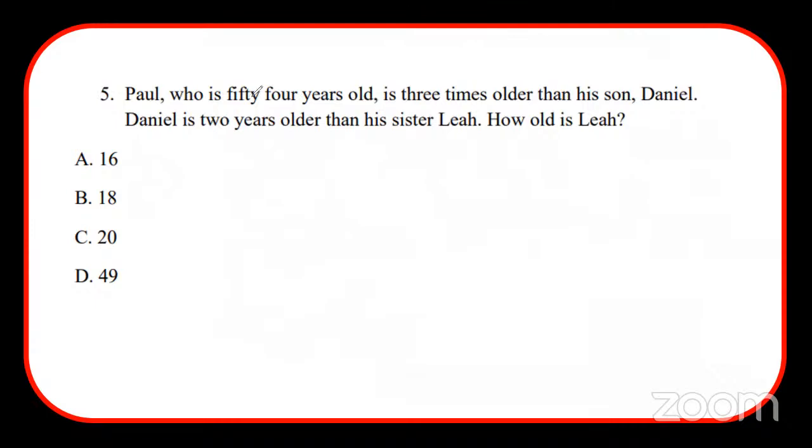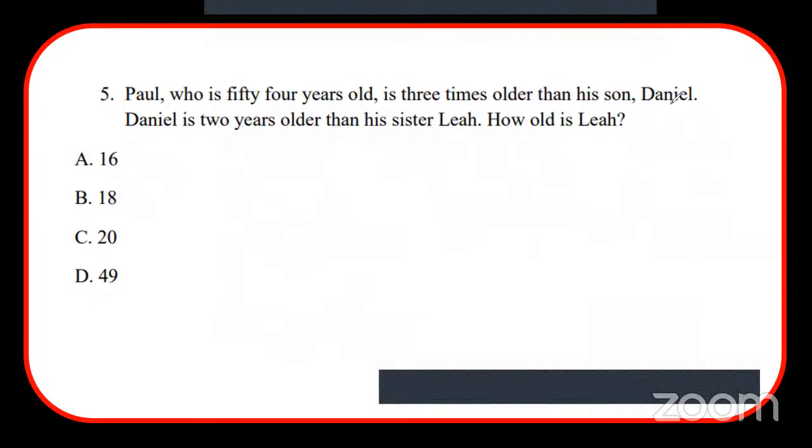So Paul, who is 54 years old, is 3 times older than his son Daniel. If Paul is 3 times older than Daniel, then how old is Daniel? So let's divide that 54 by 3.